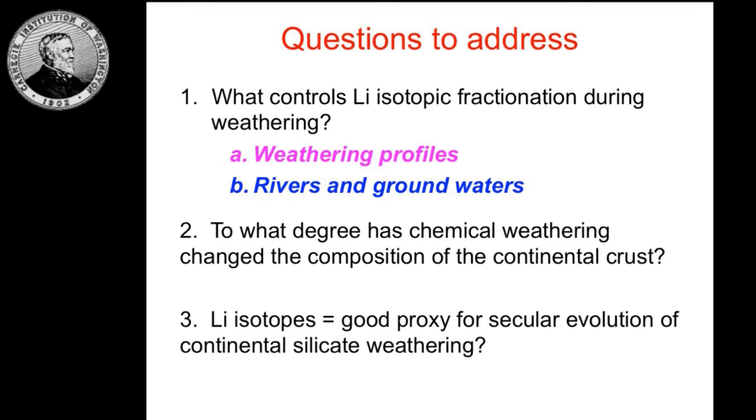And also, I already emphasized, to what degree chemical weathering has changed the composition of the continental crust is also an important question. And also, we want particularly good proxies to study the secular evolution of the continental silicate weathering using lithium isotopes. We want to test if this tracer is a good one.